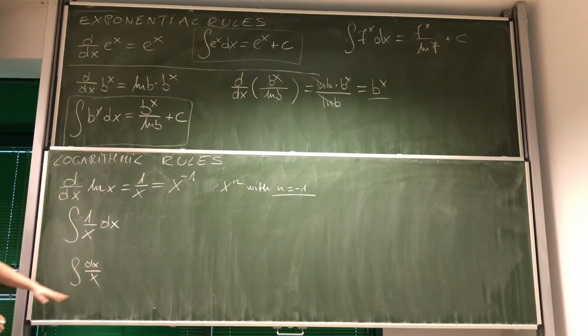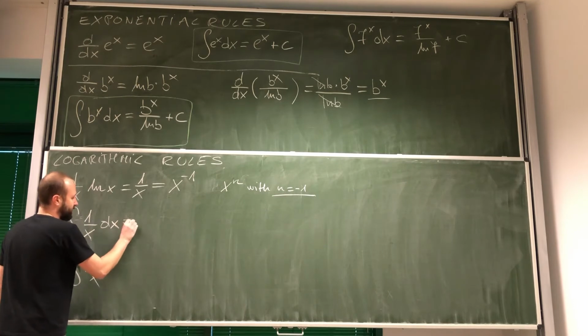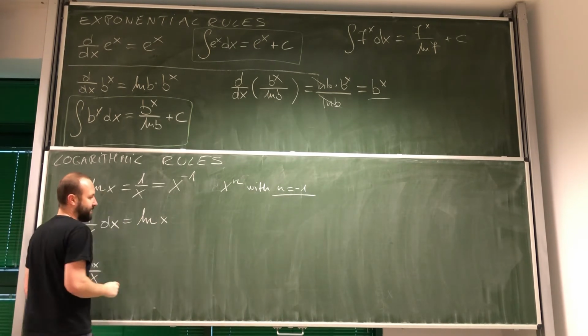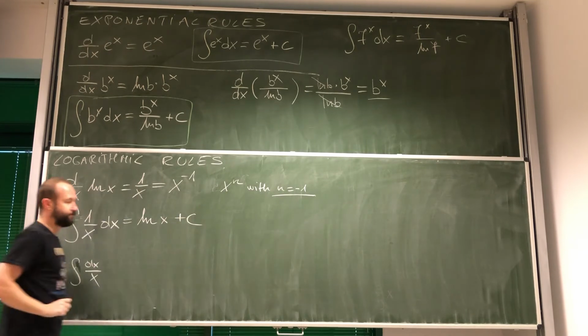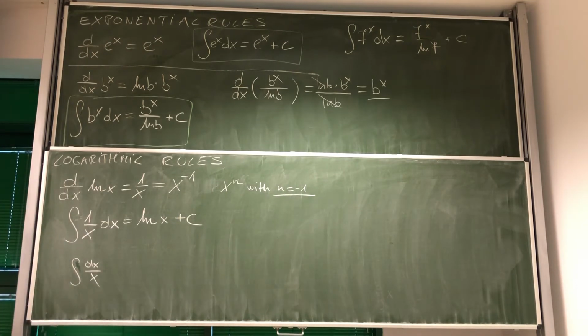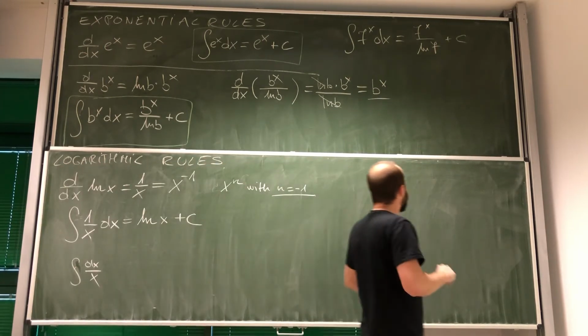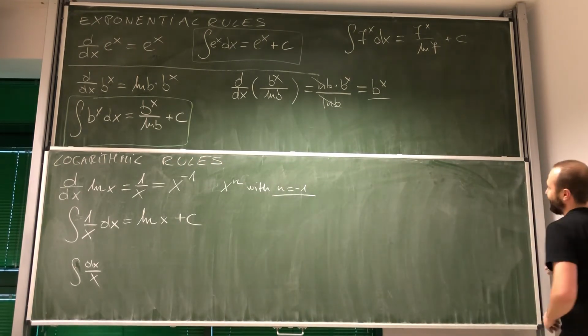But generally, I just want you to know that we can simply write it differently. Those two mean the same thing. Then we should get the result that this is the natural logarithm of x plus some c. But unfortunately, things here are not as easy as we would like them to be.